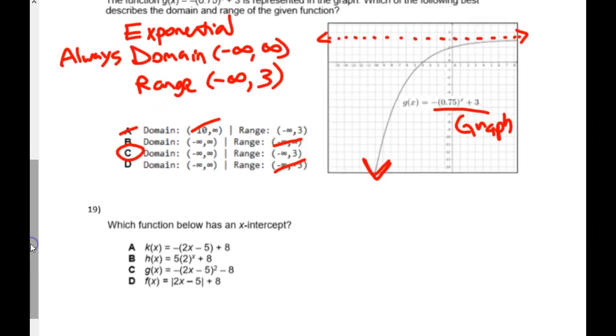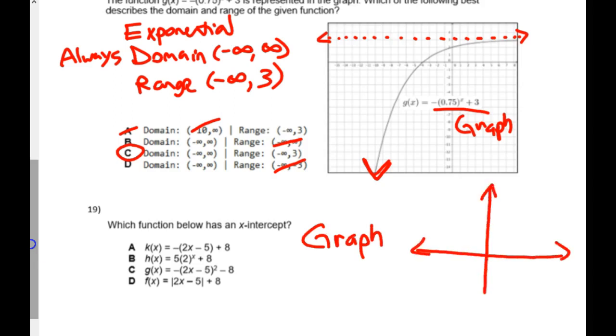Alright, which function has an x-intercept? So what I want you to do is graph these and just see which one crosses this line, right? Linear functions always have an x-intercept.